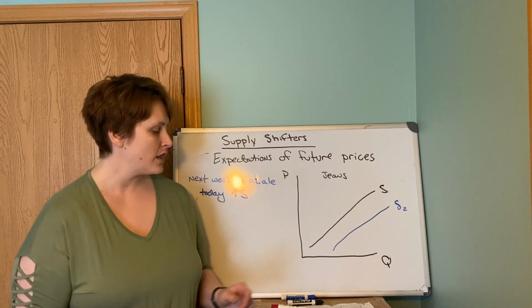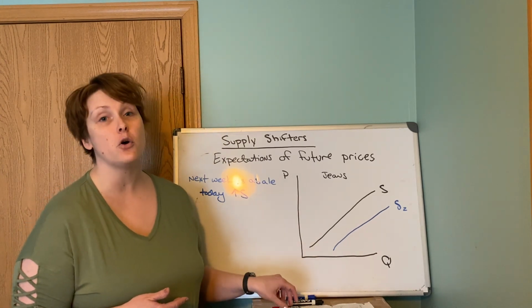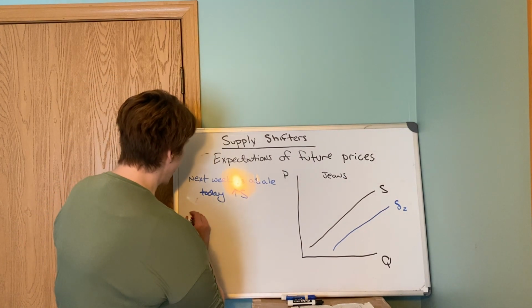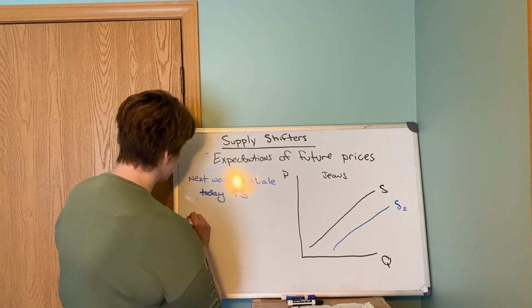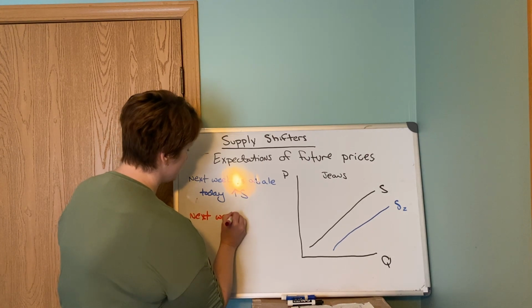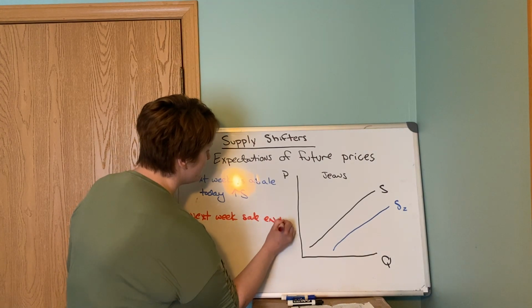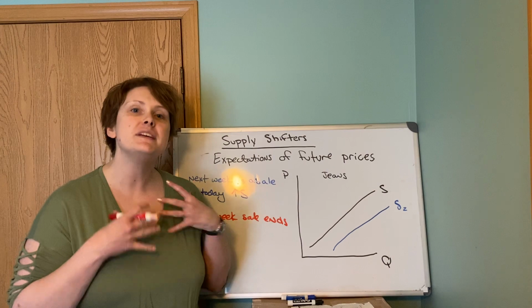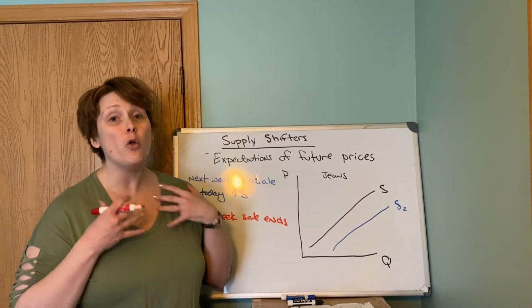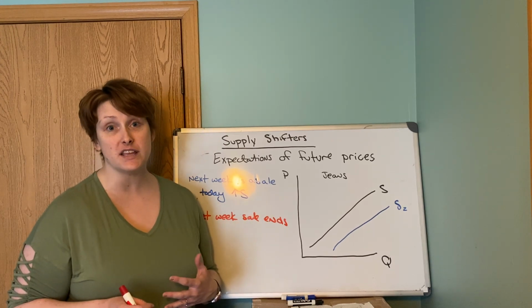Now, the opposite is true. Let's say that we have a sale going on right now. So if right now is a sale and next week is full price, so next week, the sale ends. So right now I'm in a sales period. Well, again, I might want to hold back some of my stock because I can't sell it for as much as I normally would.